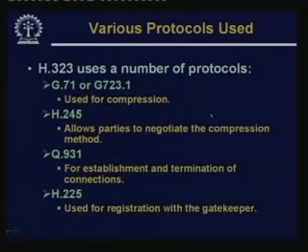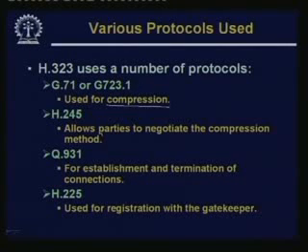Now H.323 is not a single protocol. In fact, it consists of a set of protocols, as this slide shows. First, voice is compressed before it is packetized, and for compression there are two alternate protocols you can use, either G.711 or G.723.1.